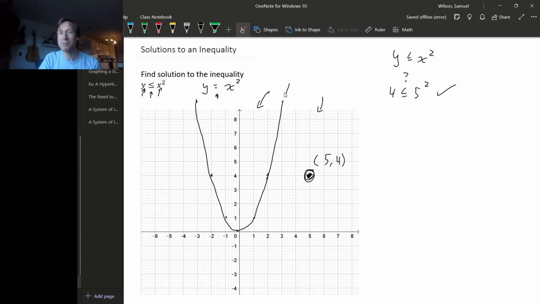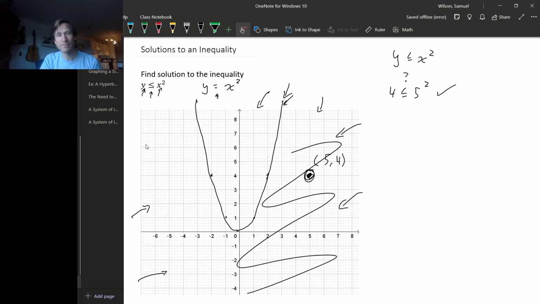But we've drawn that boundary. So the only way we could arrive at a point that is not a solution is by crossing this boundary curve. That means every point on this side of the parabola, we can reach without crossing the boundary curve. And that means that all of these points are solutions.